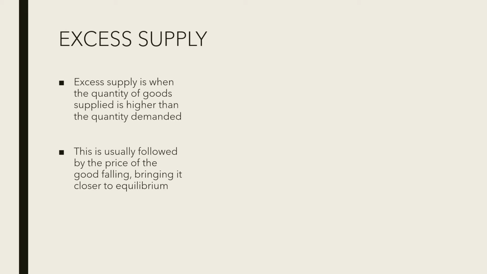When a market does have an excess supply, the suppliers will notice that they are supplying too much of the product for the quantity demanded, and they will most likely reduce the price of the product as a result. Once the product reduces in price, it is also likely that there will be more consumers interested in the product, meaning that demand will increase. This is how the good tends to equilibrium when there is an excess in supply.